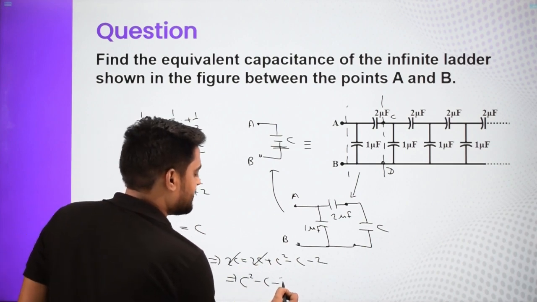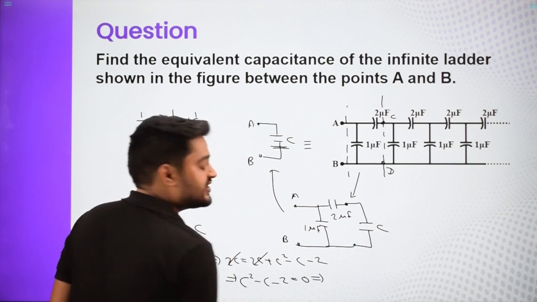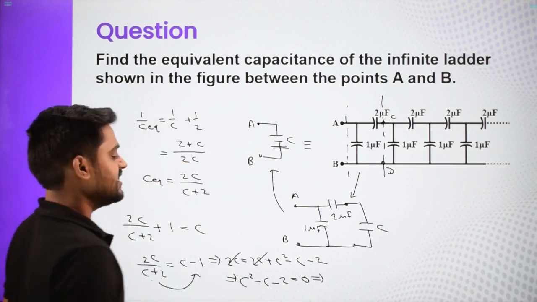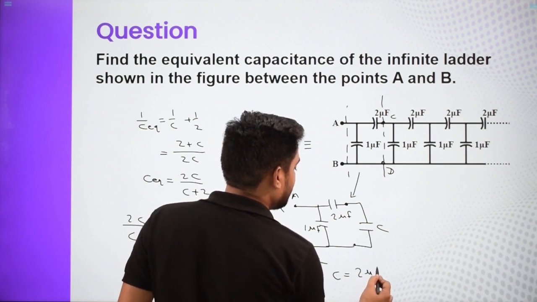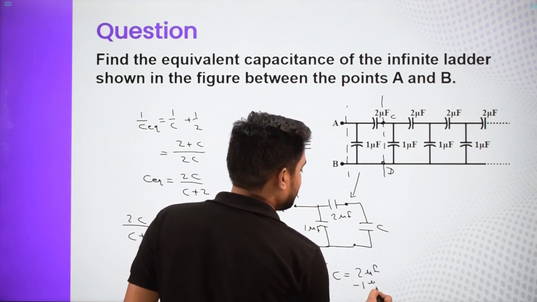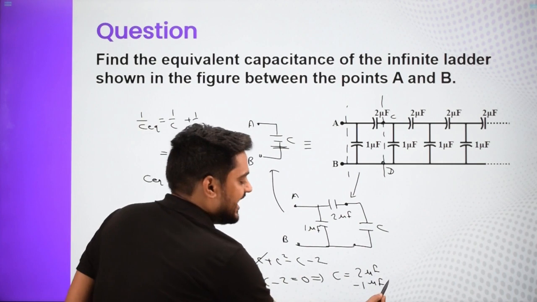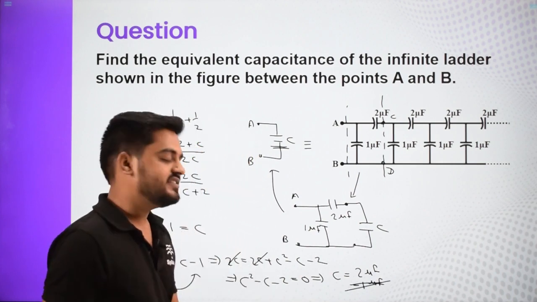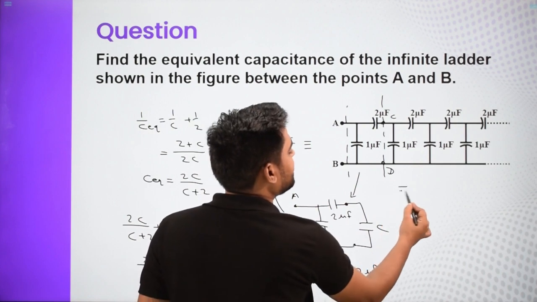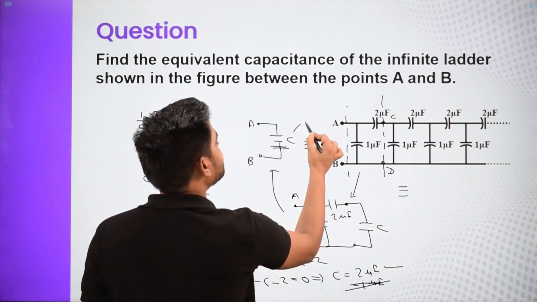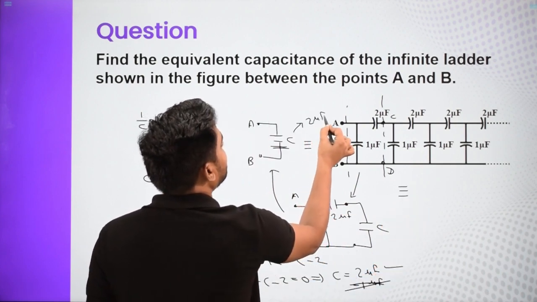C square minus C minus 2 is equal to 0, which has two solutions. One solution is C equal to 2 microfarad and one is minus 1 microfarad. Now negative capacitance is not possible, so I will say that the entire system is just equal to a single capacitance of 2 microfarad, and that is the answer.